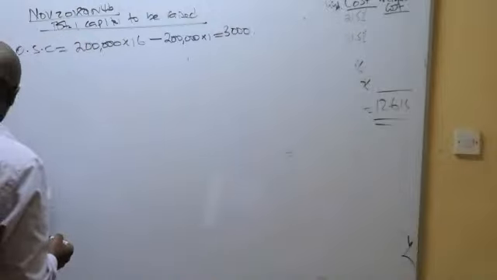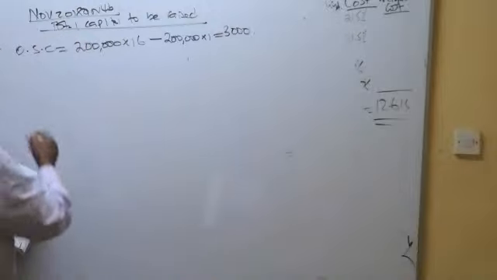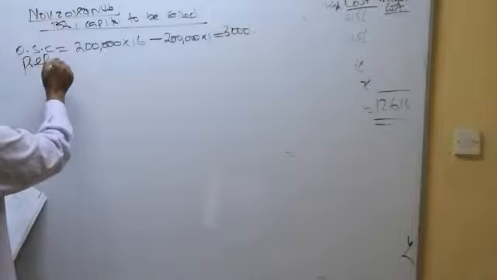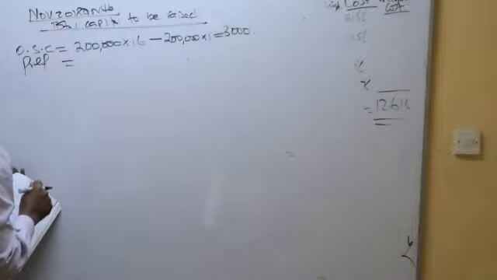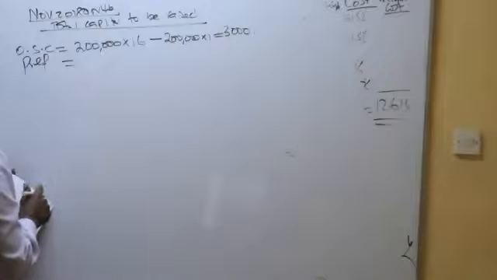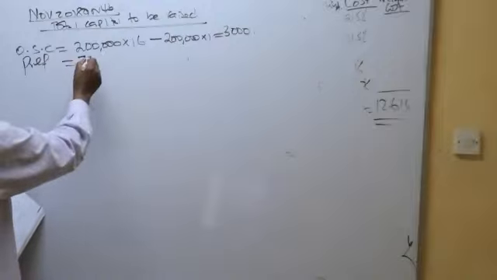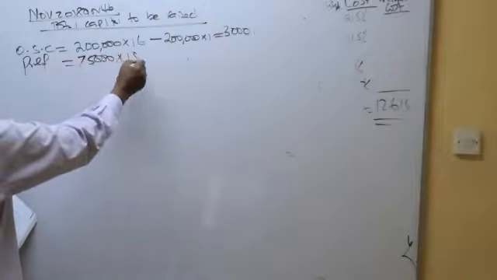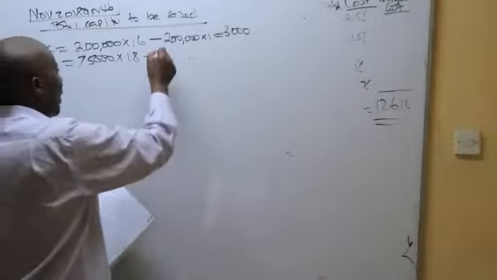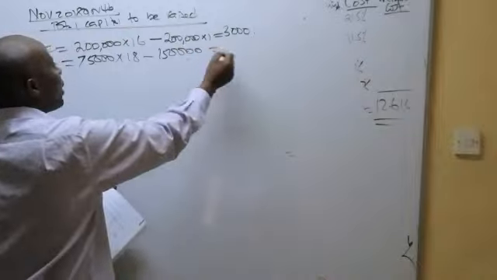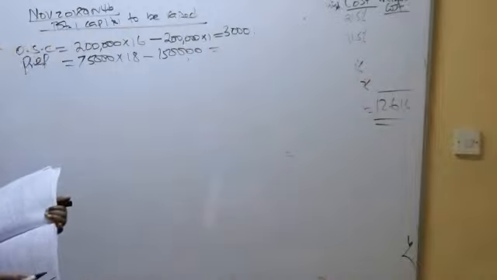The next vehicle here is called preference shares. For preference shares, what do we have? They have told us the issue is 75,000, and I can see the market price is 18, minus the total flotation cost of preference shares, which is 150,000. So could you kindly give me the final answer in shillings thousands?